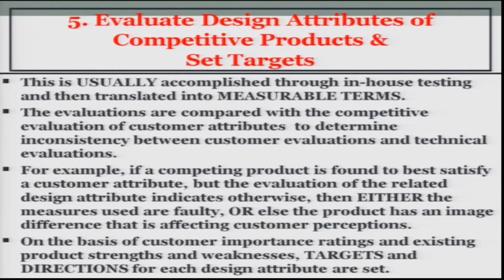On the basis of the customer importance rating and existing product strengths and weaknesses, targets and direction for each design and manufacturing unit are then taken into consideration by the manufacturing unit in consultation with the design and the shop floor, such that the customer requirements are best met with the design and manufacturing attributes.